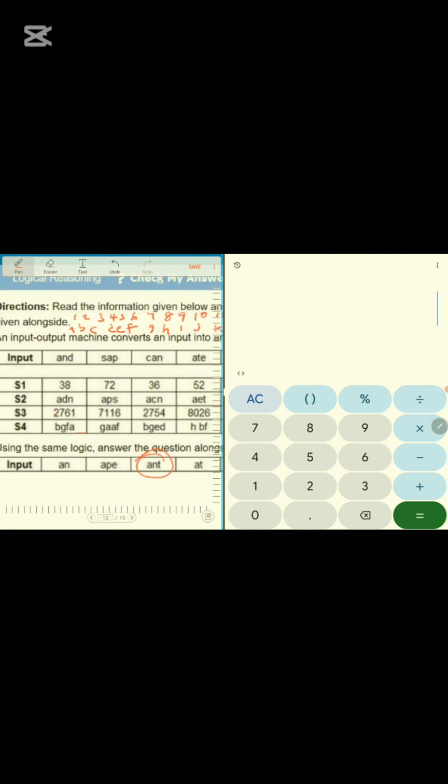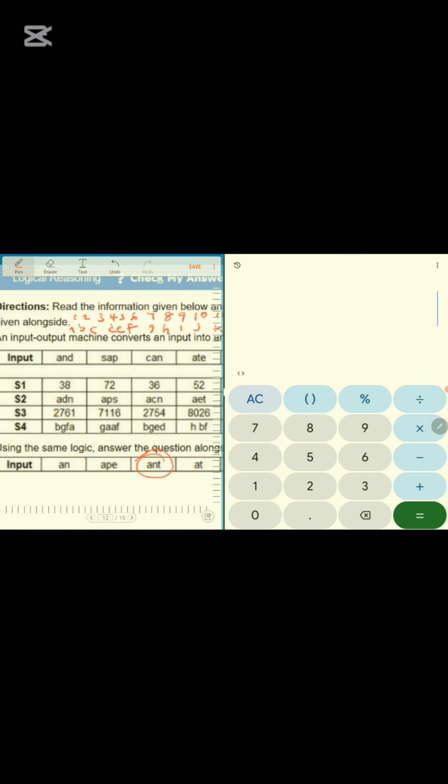But for BGFA, B is 2, G is 7, A is 1, F is 6. One of the first things I did, but you kind of need to try a number of things: if you take this 3 here, 3 times 3 times 3, that is 3 cubed, that is 27.